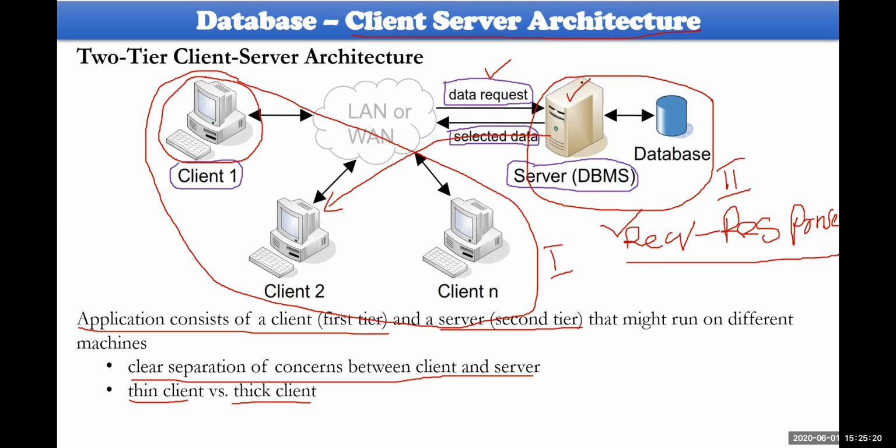A thick client has a very high configuration available, whereas a thin client has a very minimal configuration. A thick client means that if the database server is available, yes, you can perform database operations.